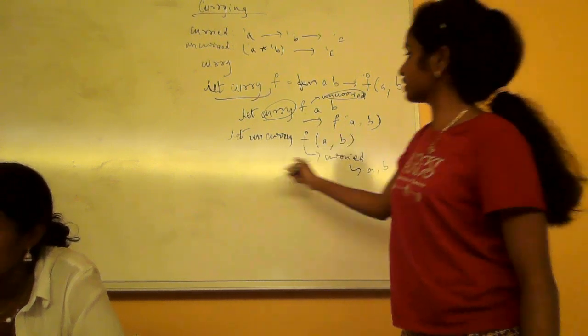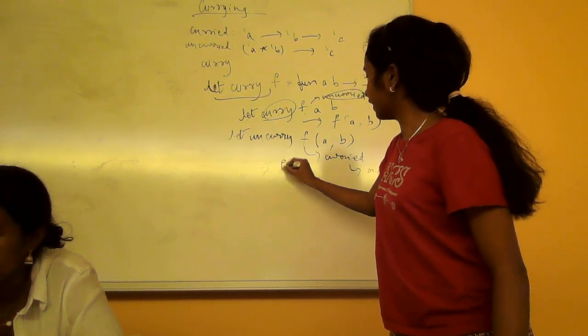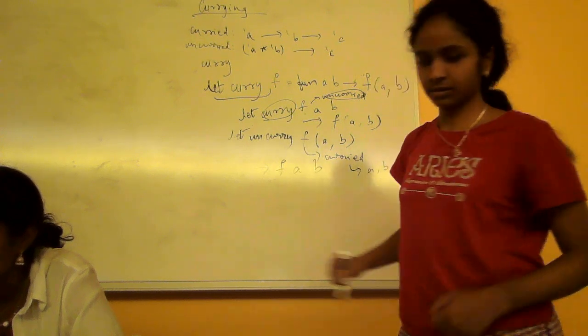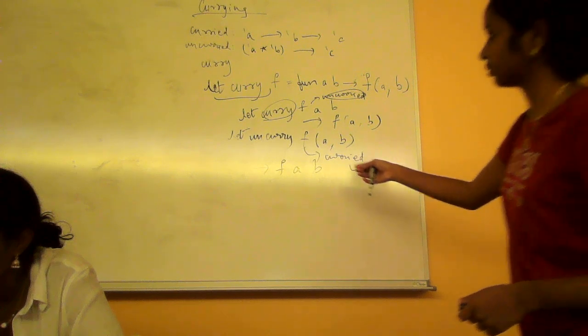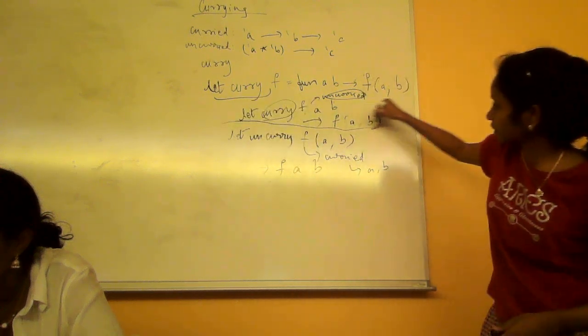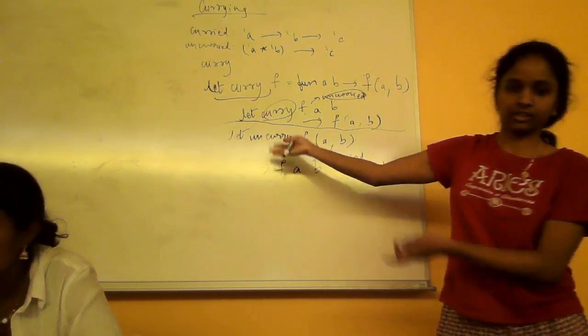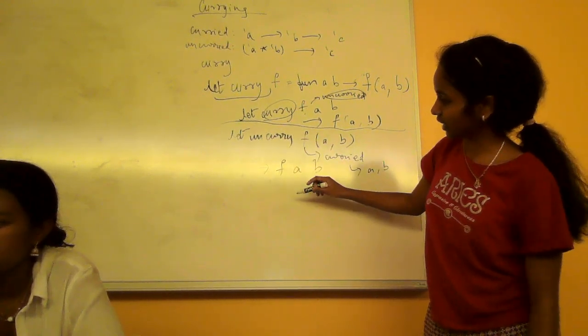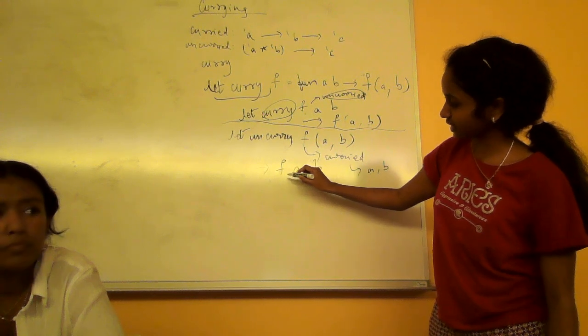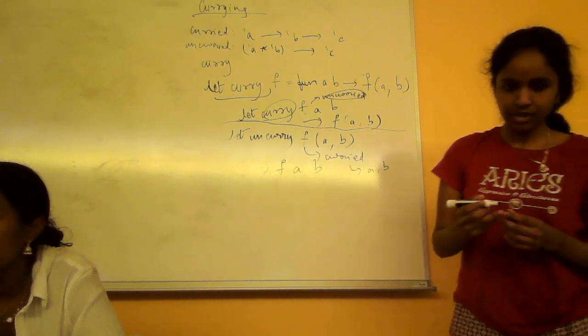So when we do this, this evaluates to f applied to a, b. So that is the exact equivalent of currying a function. This is uncurrying a function f which is already curried. As we can see, f is already curried because it takes in both of these arguments separately.